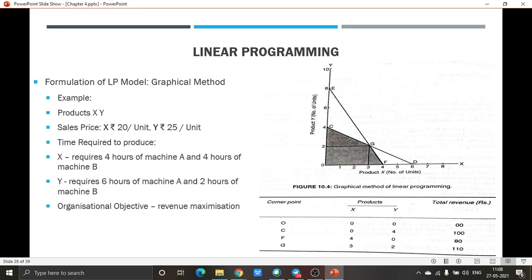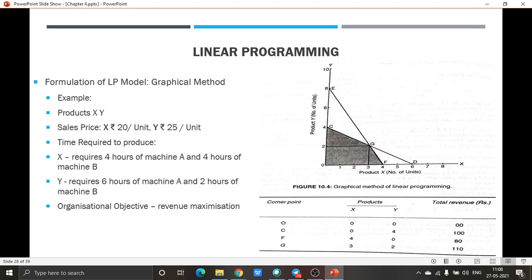This particular method is very simple but can be used conveniently, especially where two decision variables are to be considered. How linear programming can be used can be explained very well with the help of an example.